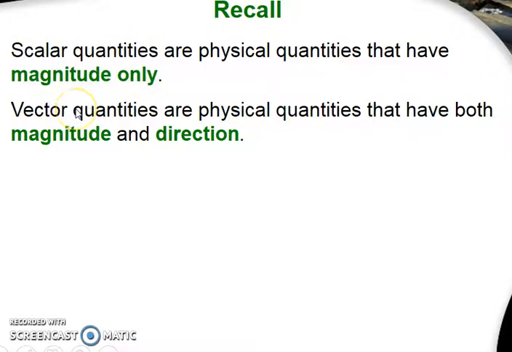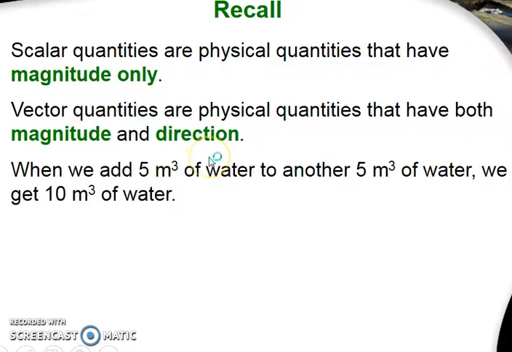Now just a quick recall on two terms that we've studied so far, scalar and vector quantities. We know force is a physical quantity, but is it scalar or vector? A scalar has only magnitude, vectors have magnitude and direction. For example, if we add 5 cubic meters of water to another 5 cubic meters of water, you get 10 cubic meters of water.